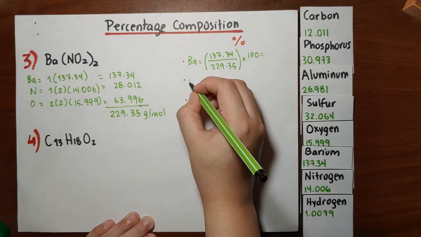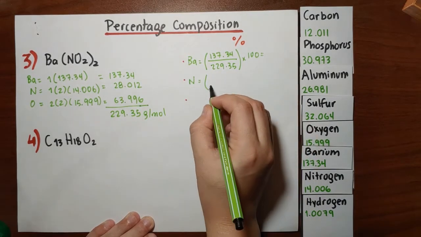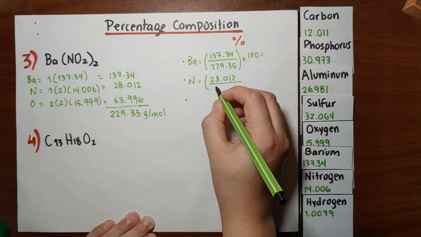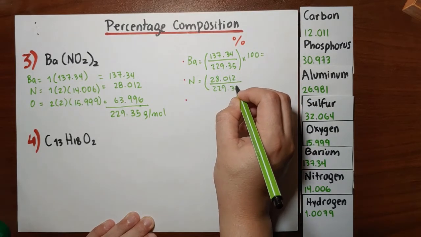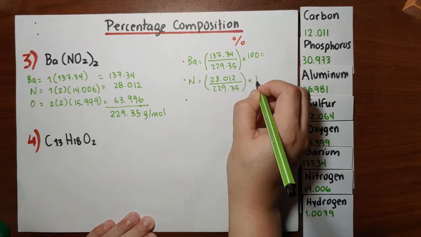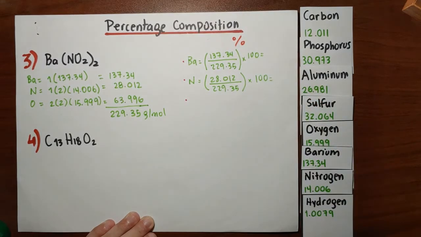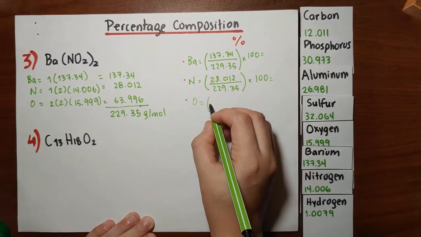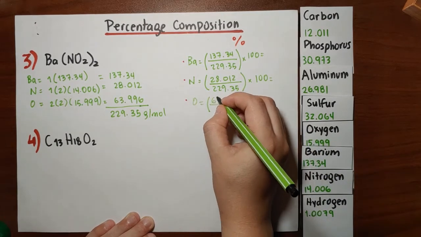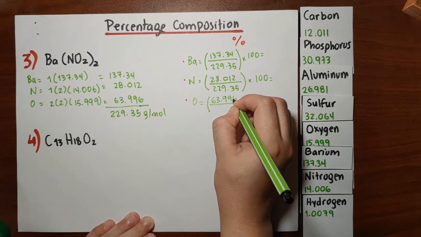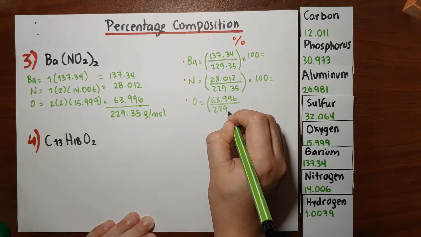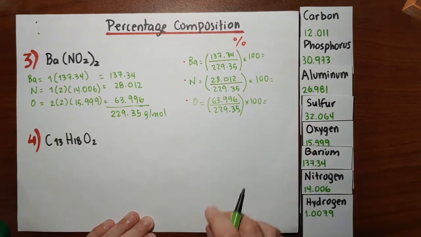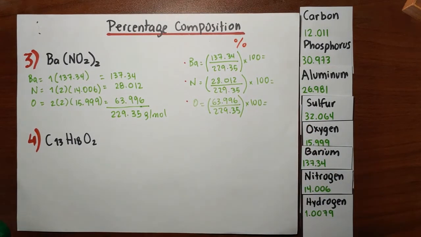For nitrogen, this will be 28.012 divided by the total 229.35 times 100. And for oxygen, it's going to be 63.996 divided by the total times 100. Okay, perform this in your calculator and I'll be back.